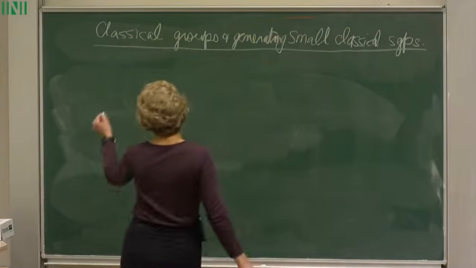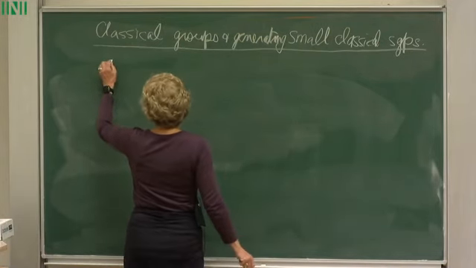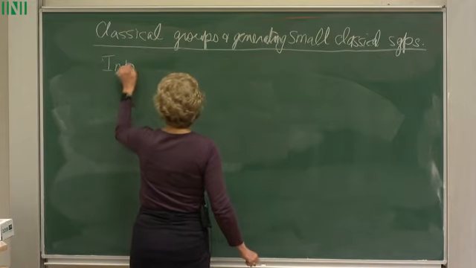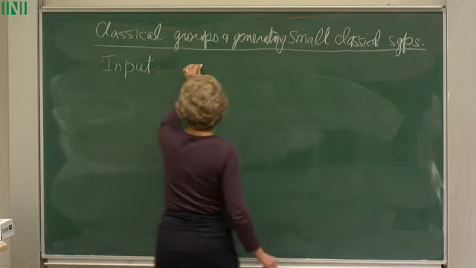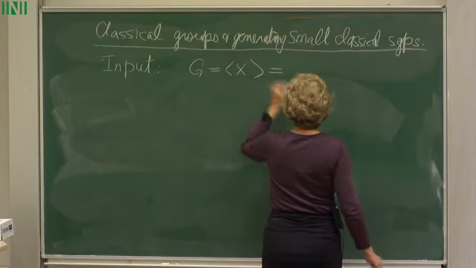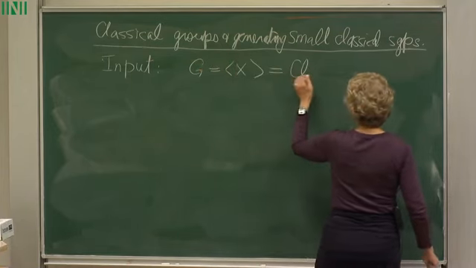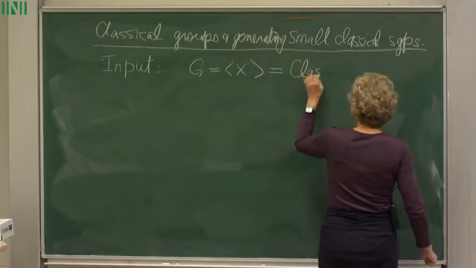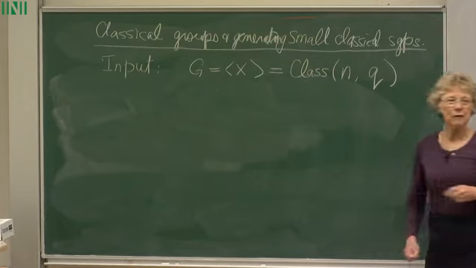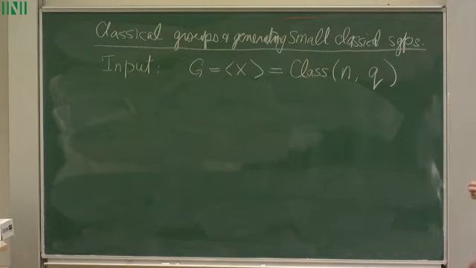So the situation, or the input, I guess, is that we've got a finite classical group, usually given by some small set of generators, but I won't be really talking so much about the implementation details.